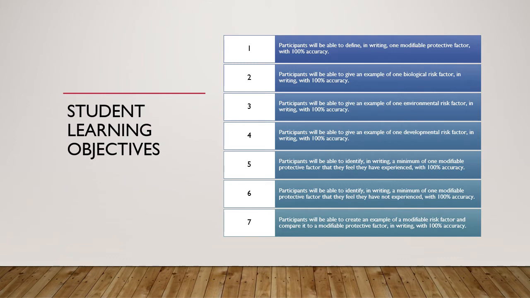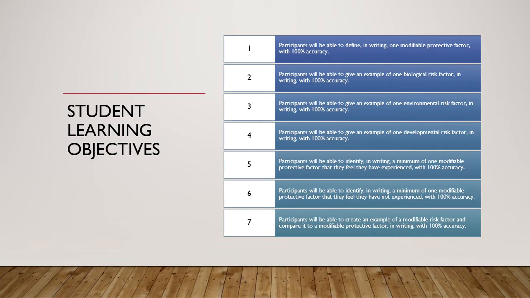The following student learning objective is participants will be able to give an example of one developmental risk factor in writing with 100% accuracy. The fifth student learning objective is participants will be able to identify in writing a minimum of one modifiable protective factor that they feel they have experienced with 100% accuracy.